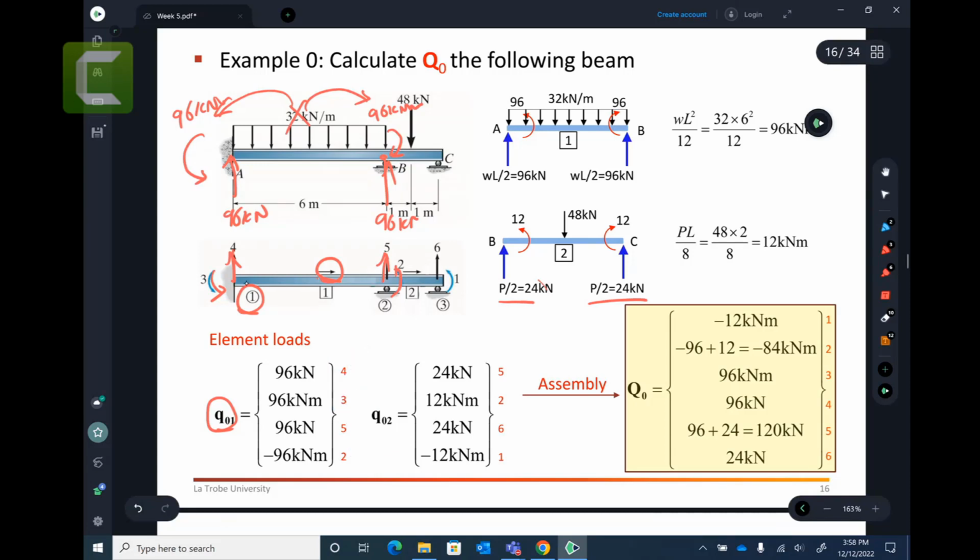Now, therefore we have 4, 3, 5, and 2. What is the force in 4? Going up, so positive 96 kilonewtons.